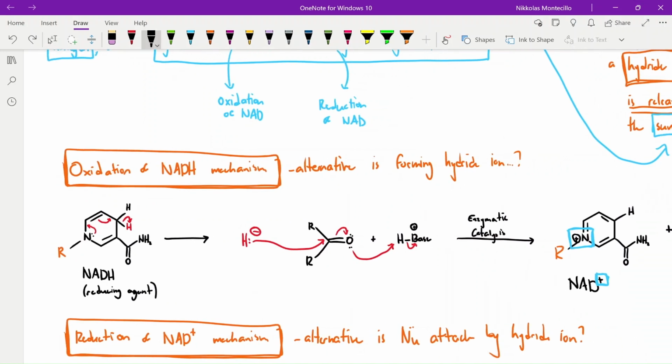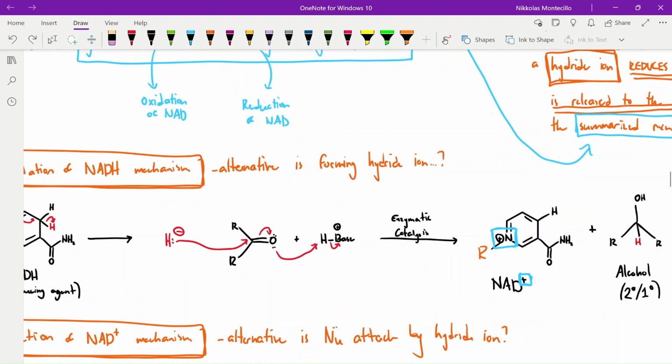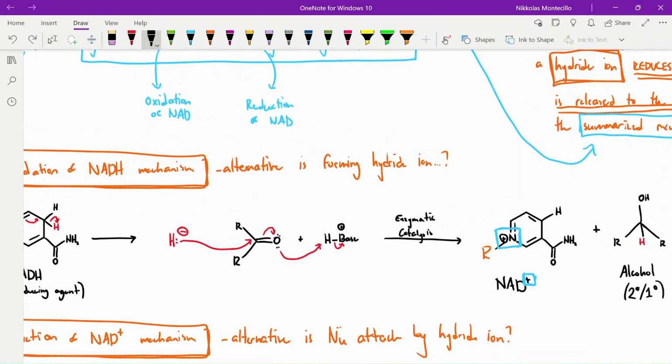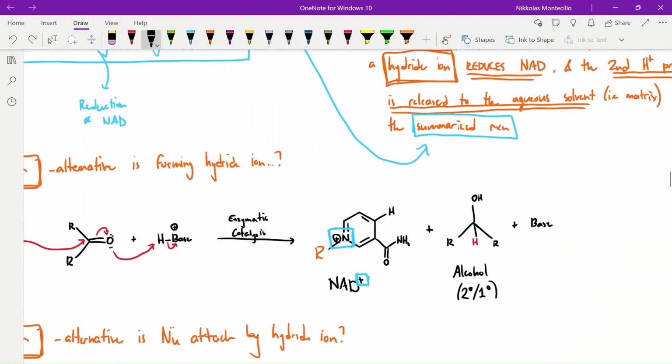What forms here is that this hydride ion will attack some sort of alcohol or some sort of ketone, and what we're left with, we see a nucleophilic attack from the hydride ion, which allows for a proton transfer from some sort of protonated base, right?